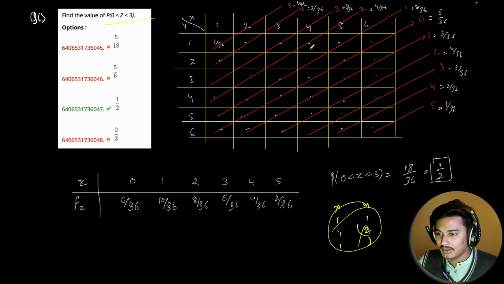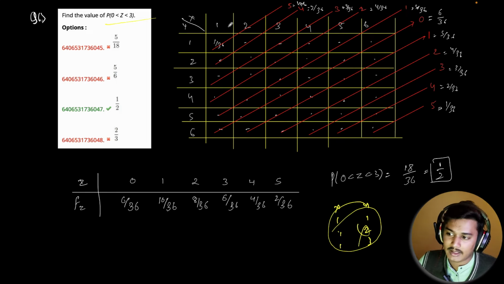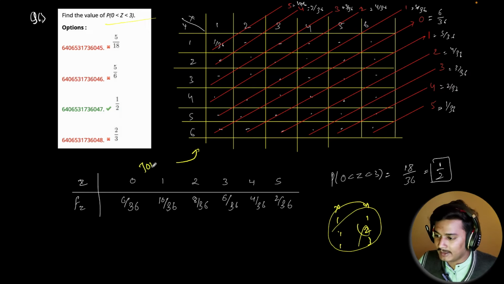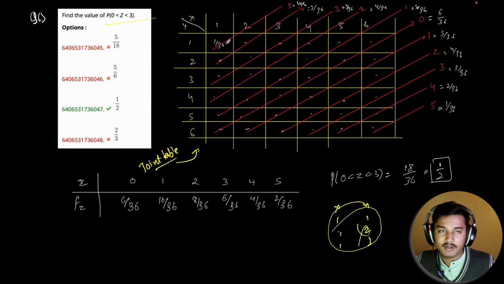So we will do it this way, which gives an easy trick. We draw X taking values 1, 2, 3, 4, 5, 6, and this is called a joint table.